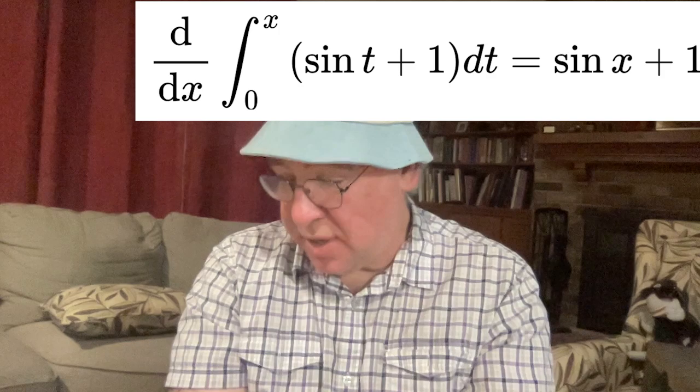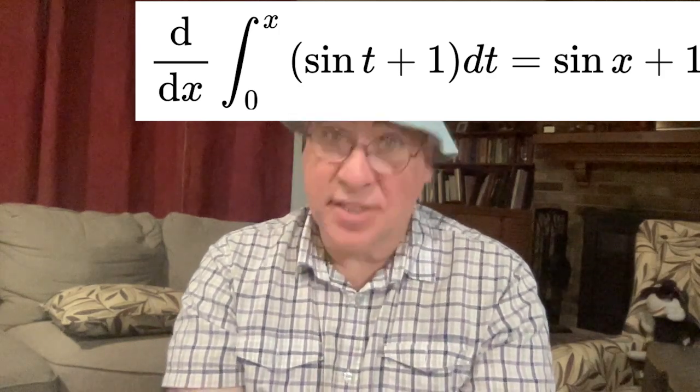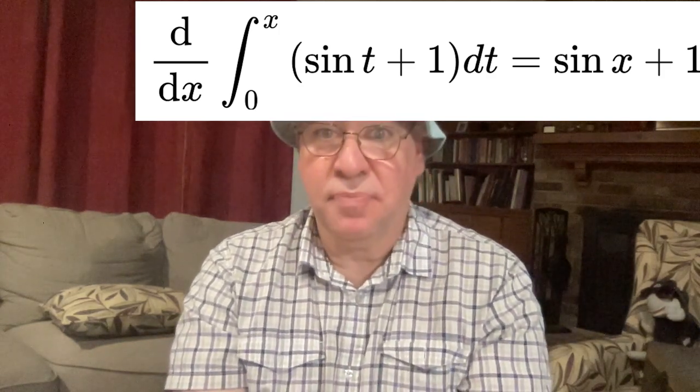Here's how we're going to do it. I'm going to find the integral from 0 to x of sine of t plus 1, and then I'm just going to let x equal 5, and that's going to give me my area. So the derivative of what I want is going to be sine of x plus 1. That's the Fundamental Theorem of Calculus.